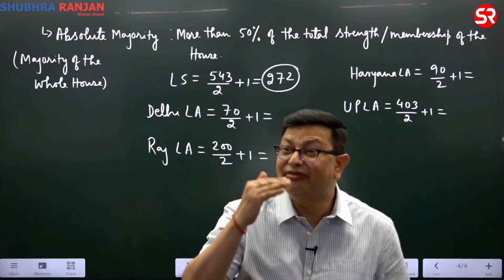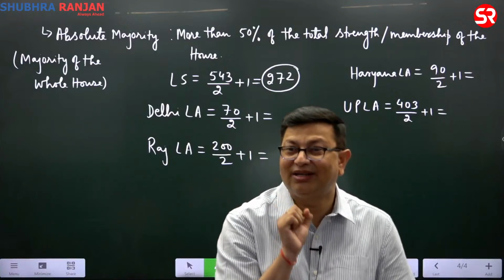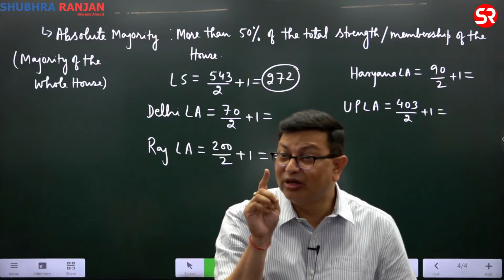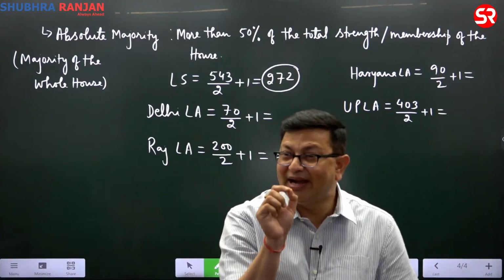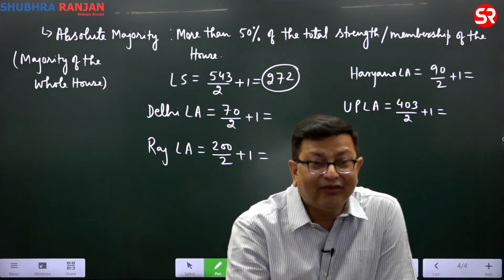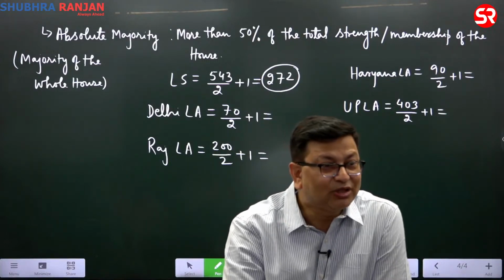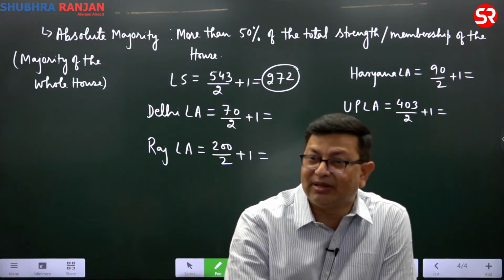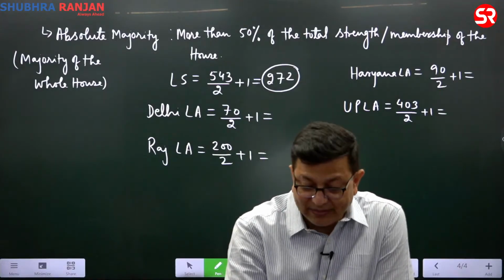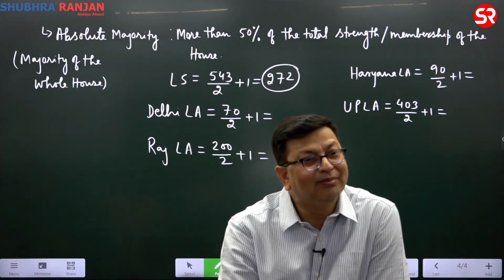It is more than 50% of the total strength of the Lok Sabha. The Lok Sabha's total strength is 543. So 543 divided by 2 plus 1, that is 272. If a political party or a pre-poll coalition gets 272 seats in the Lok Sabha, then we can say it will form the government. Its leader will be the Prime Minister.